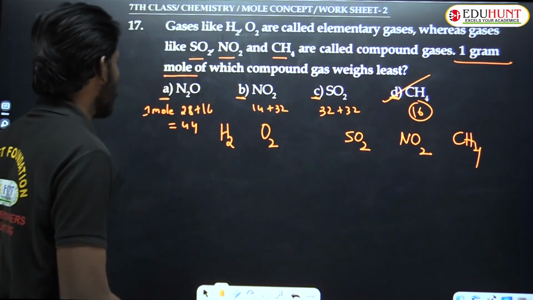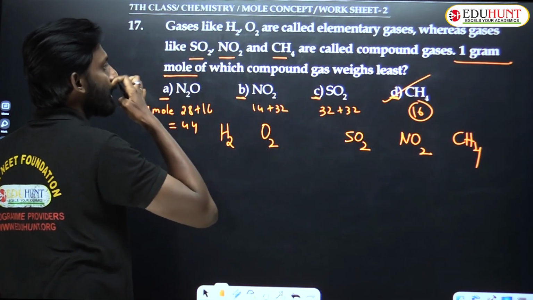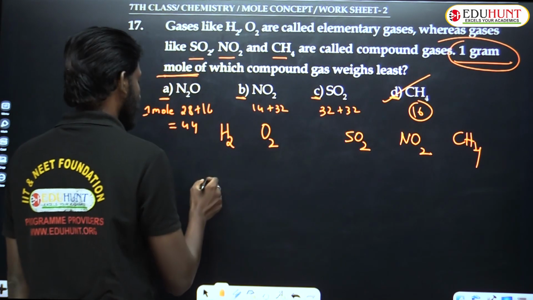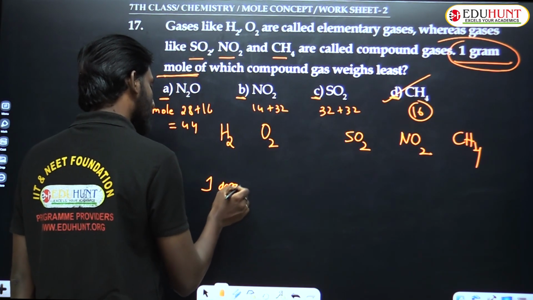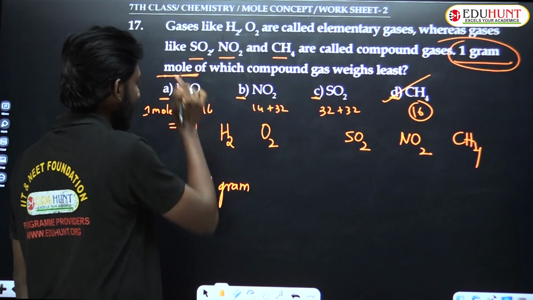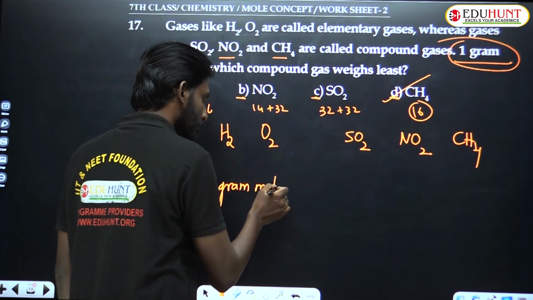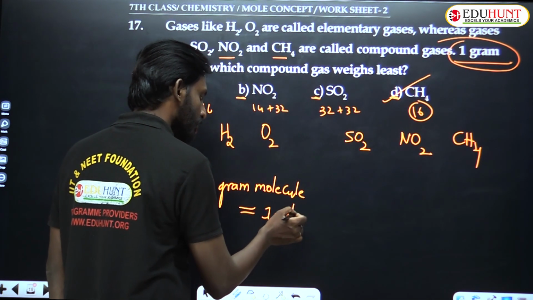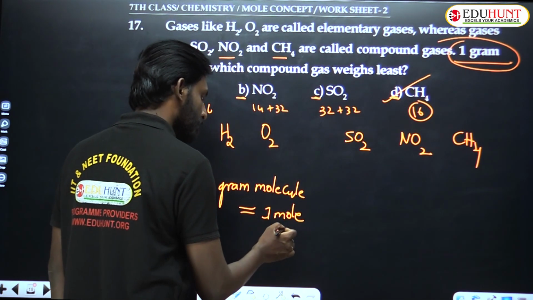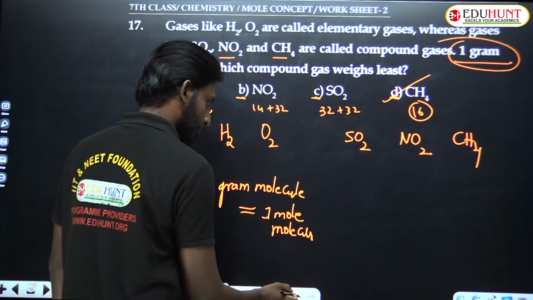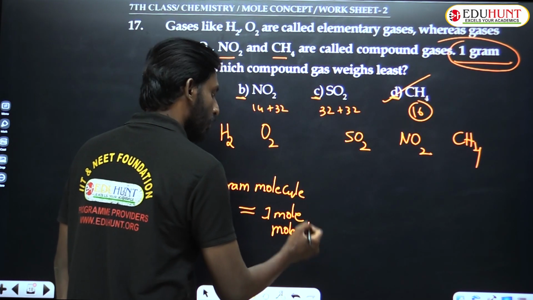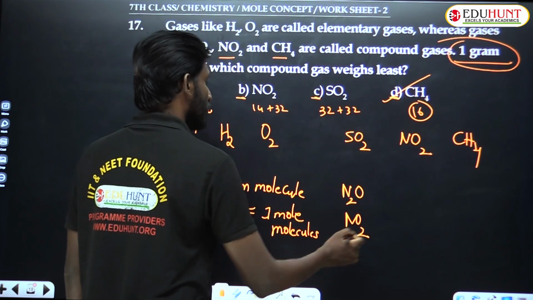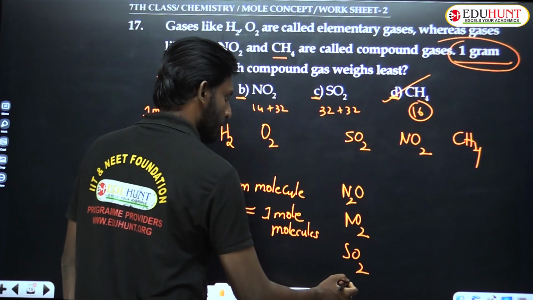That's simple. In all the 4 options we have taken 1 mole only, because in the question it is mentioned 1 gram mole. Actually it is 1 gram molecule, there is a typing mistake. 1 gram molecule means 1 mole of molecules: 1 mole of N2O, 1 mole of NO2, 1 mole of SO2, 1 mole of methane.